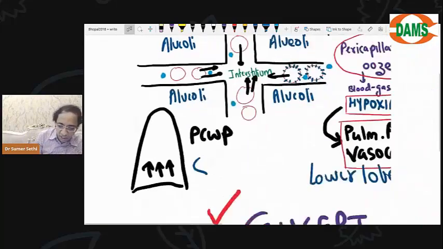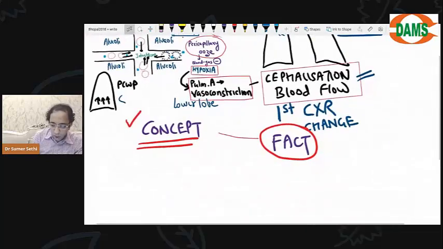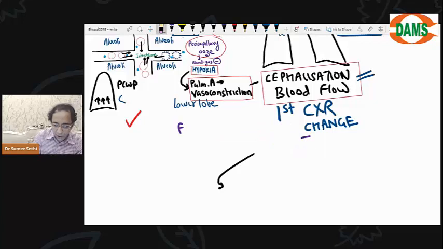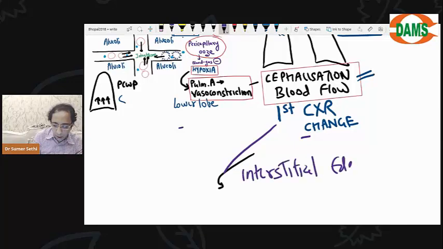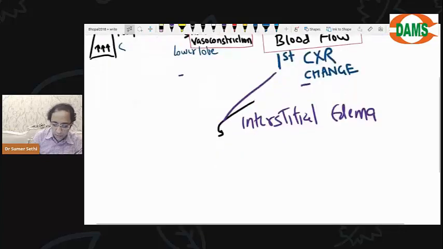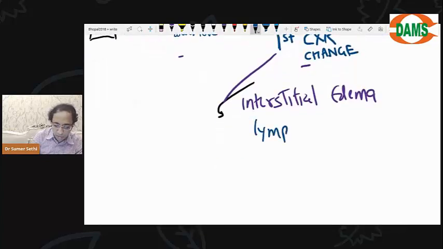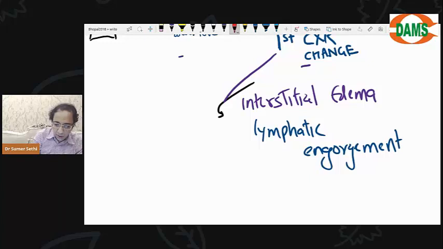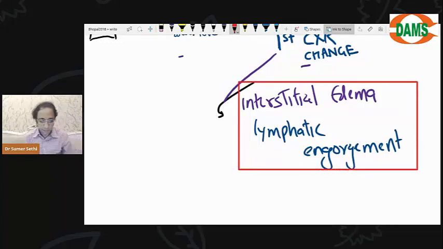That structure is lymphatics. Do you agree now? After cephalization, you will start to develop interstitial edema. And in interstitial edema, you start developing lymphatic engorgement. In the interstitial space, you have the lymphatic channels, and the lymphatic channels become dilated.